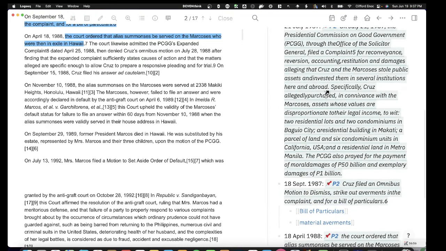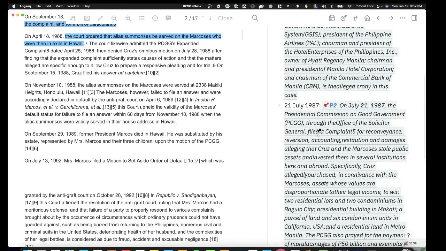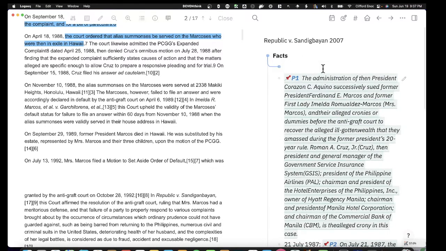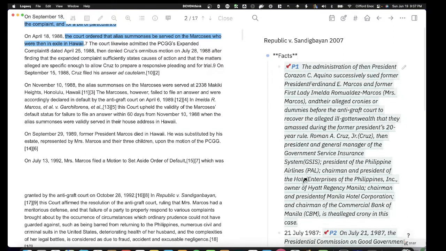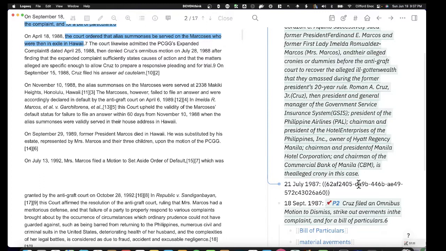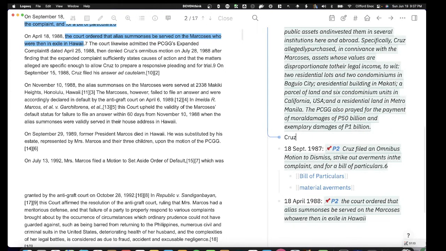So ang nangyari, maganda to, maganda. Ito yung facts, but I'm going to add here itong si Cruz. I'll make it a separate block, no?